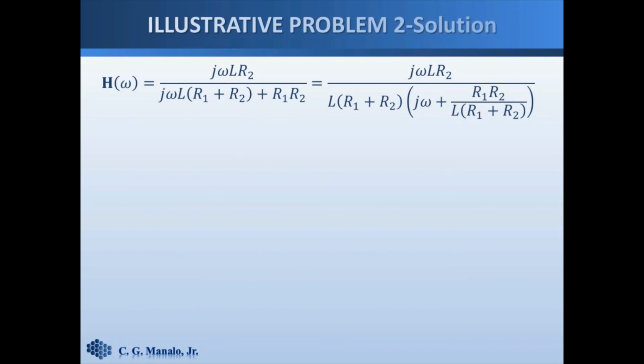So let's go back to our first expression for the transfer function. So this is our original expression. And let's do some manipulation. So let's say I'll group this and this one, I'm going to transfer this outside. So that means I will have this expression here. So take note that in this expression, this one is actually our omega sub c.